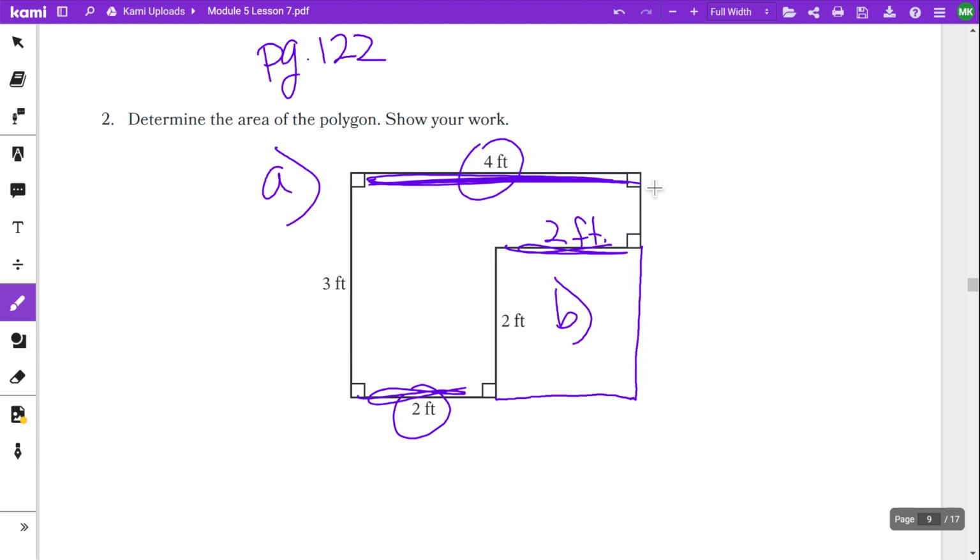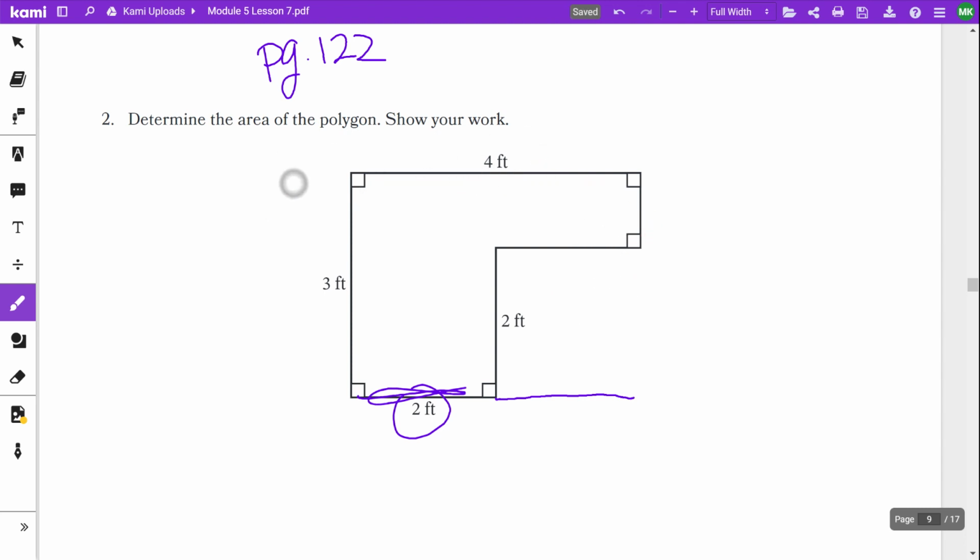So I would subtract it. But my brain doesn't really work so well in the subtraction world. I see it, but I'd rather add and put this line right here and give me a rectangle A and a rectangle B.